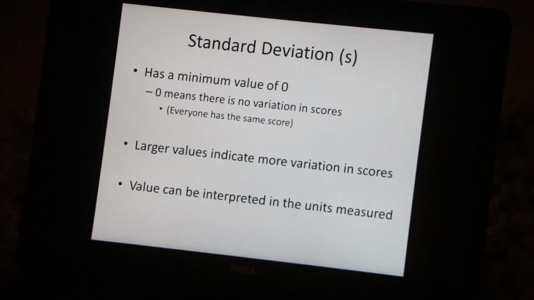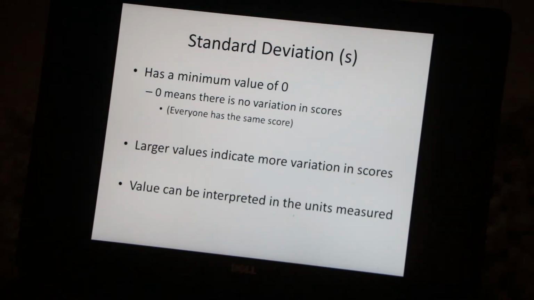So here's a couple other notes about standard deviation. It has a minimum value of 0, which you would get if all the scores were exactly the same, because if every score is the same, there's not going to be any variation at all. As I said, a larger value indicates more variation, and that value should be interpreted in the units measured.